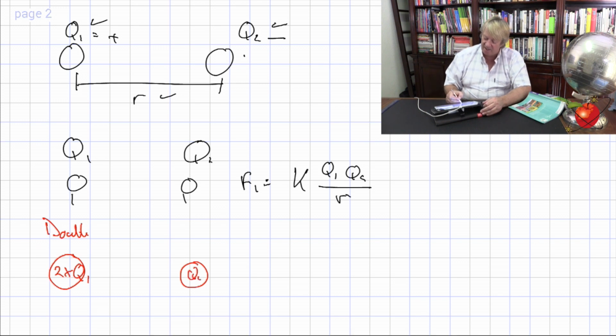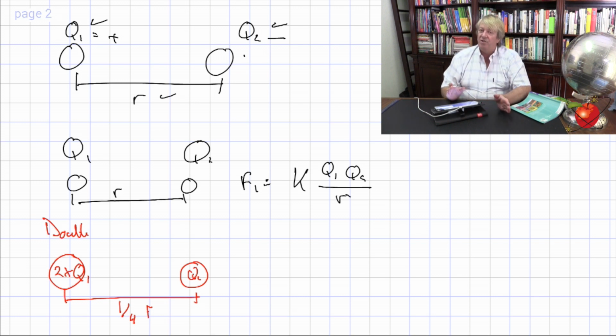And let's then say that what we did with the distance between them, we quartered the radius. So let me go back and fill in this one. Okay, there's R between it over there. We don't mind if it's attraction or repulsion. What do we now do?